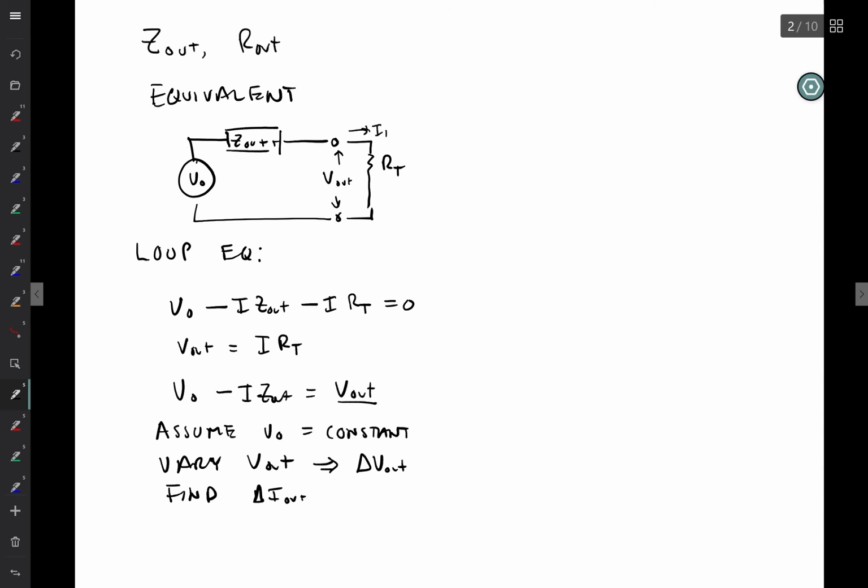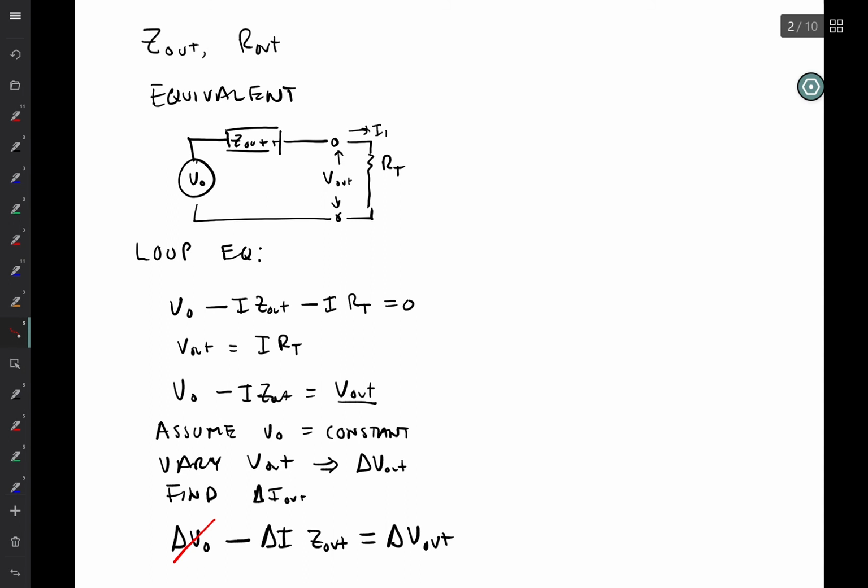So if I take my equation here, what this says is that delta V naught, which is going to be basically equal to 0, minus delta I Z out is equal to delta V out. Just taking the differential of this equation right there.